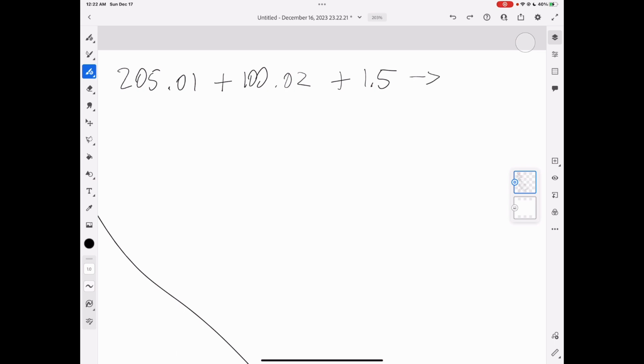Then, since 1 is the least amount of decimal places, we will only put 1. So this will be 306.5. And since these are equal to 3, we don't want the 3 as we round it to 1 decimal place.